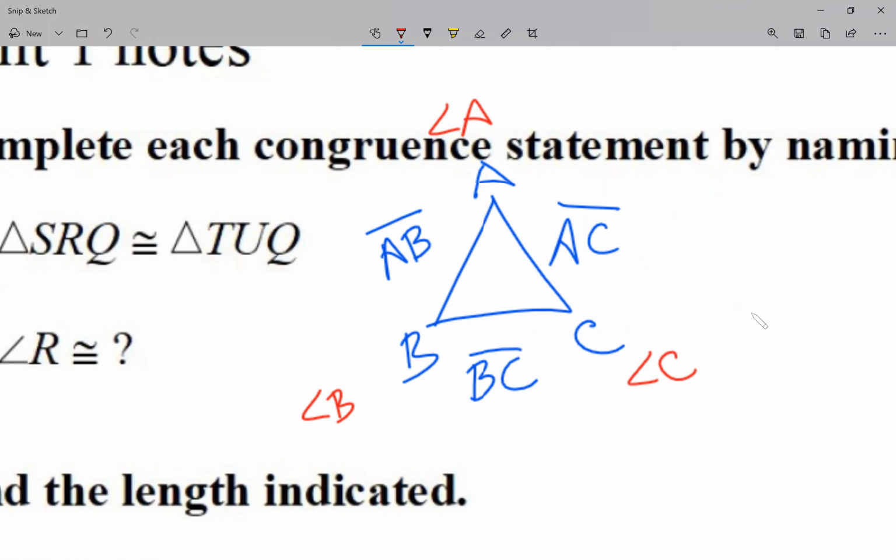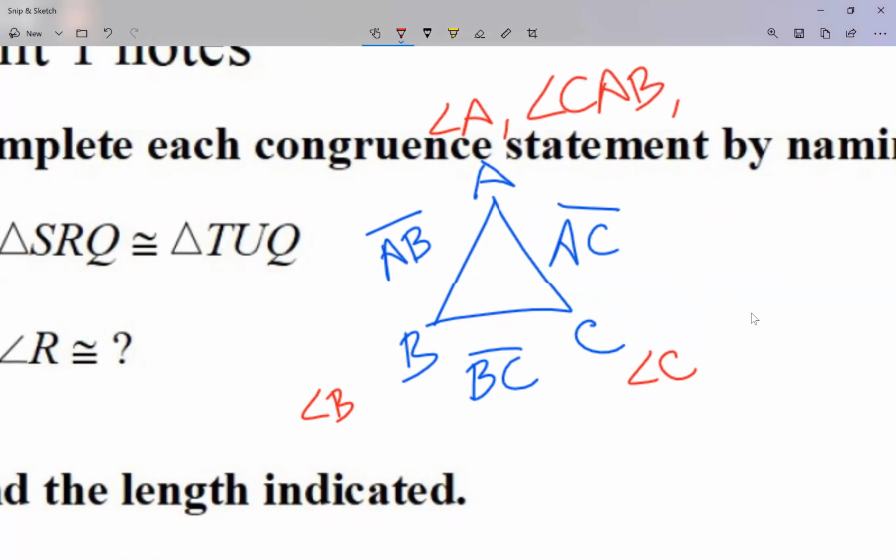But for angle A, I'm going to make sure that I keep letter A in the center. So what do I mean with that? I can call this angle CAB. I can also call this angle BAC. So when it comes to angles, we can use one letter only or three letters, right? Either way is correct. Sides, always two letters. Segments, always two letters. But for angles, it's either one letter or three letters.